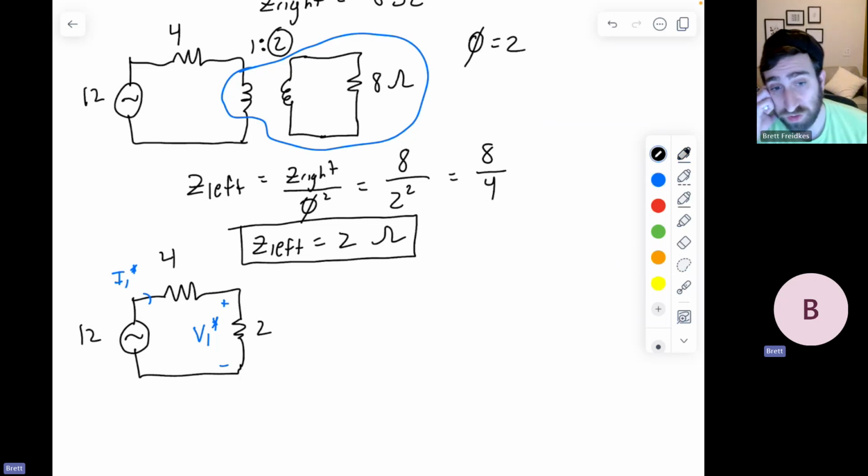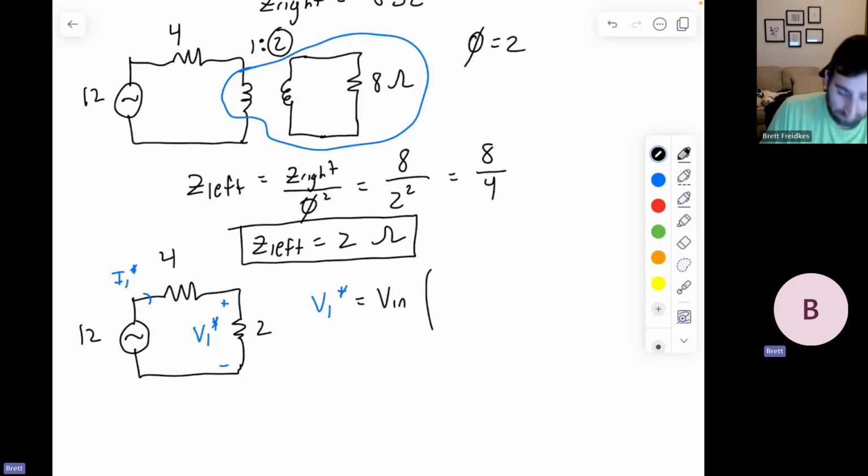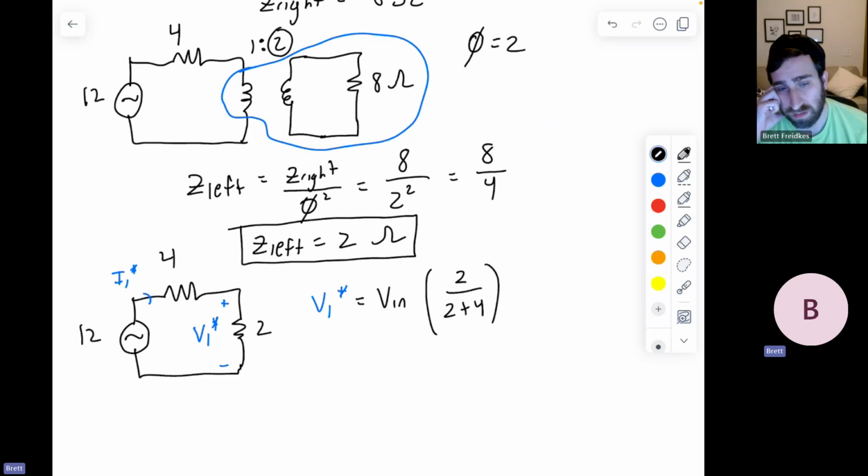So if I want to find the voltage drop across the 2 ohm resistor, I could do voltage division. V1 star will be equal to our Vn times the impedance we're interested in for the voltage drop, which would be 2 in this case, over the sum of the impedances that are in that circuit.